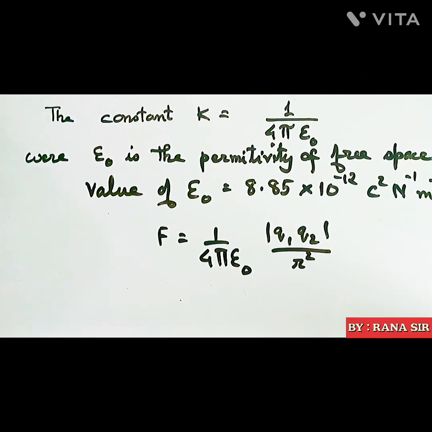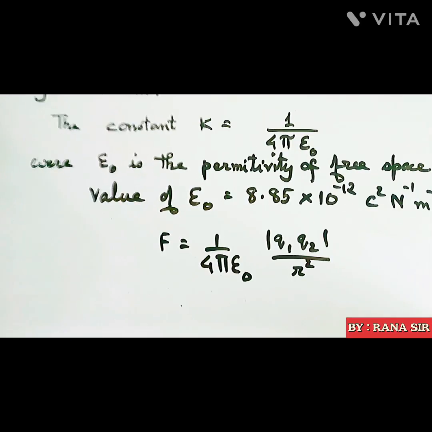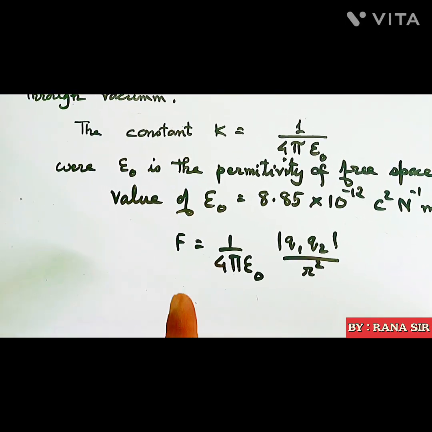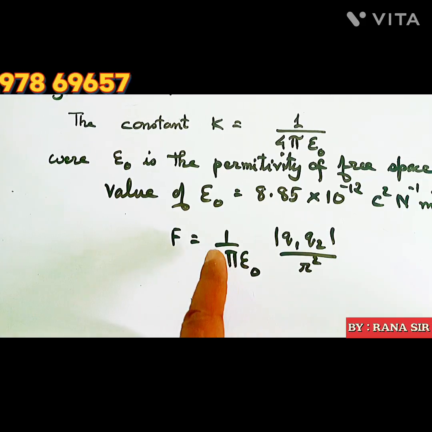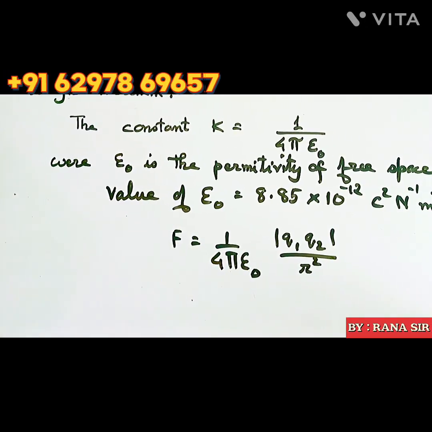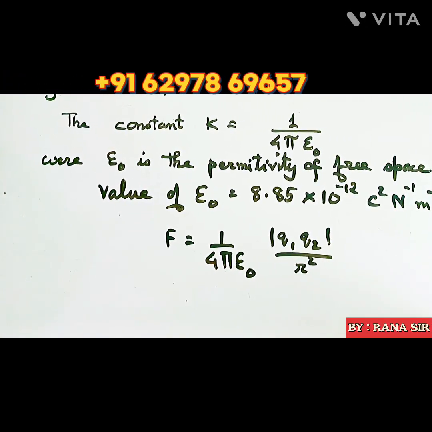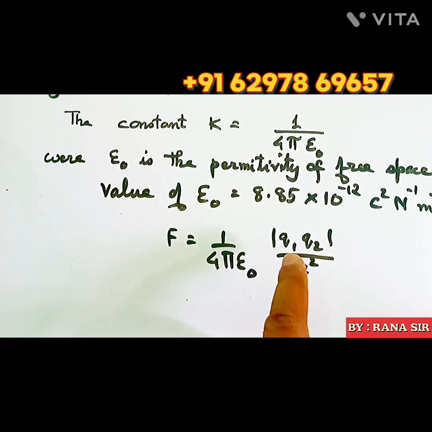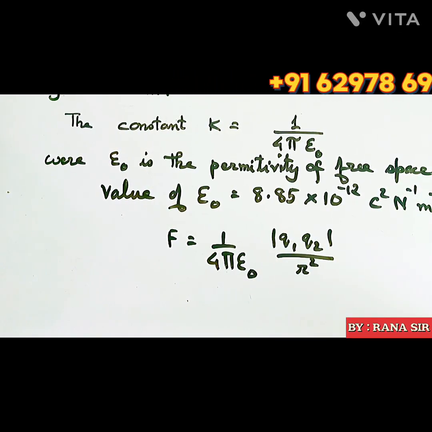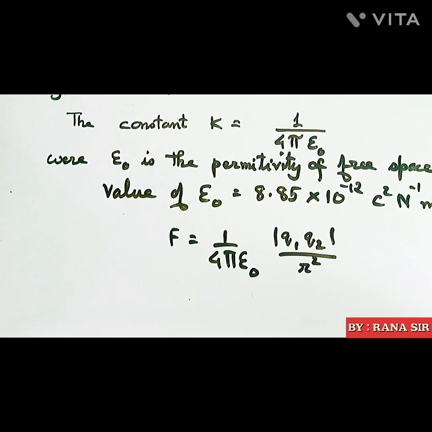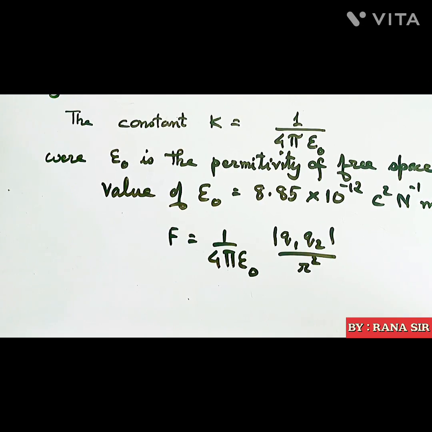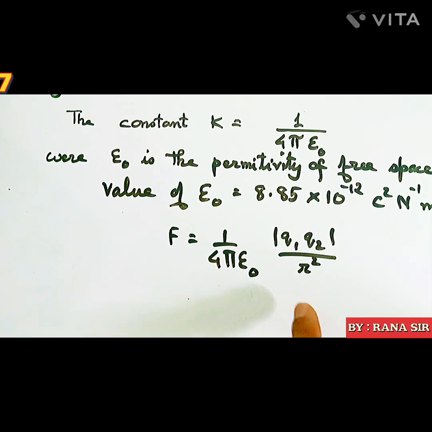So we can write the value of force equal to K. Instead of K I can write 1 by 4 pi epsilon naught into the product of the charges, mod Q1 Q2, divided by distance square, that is R square.